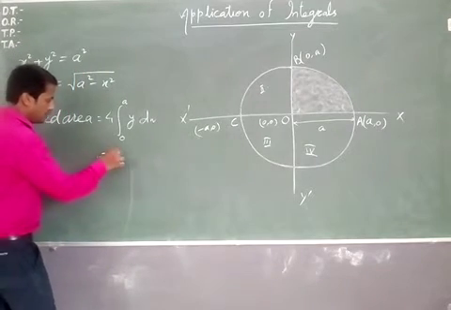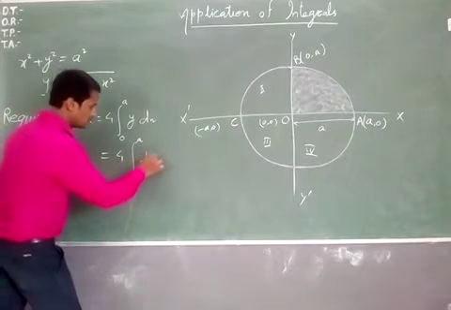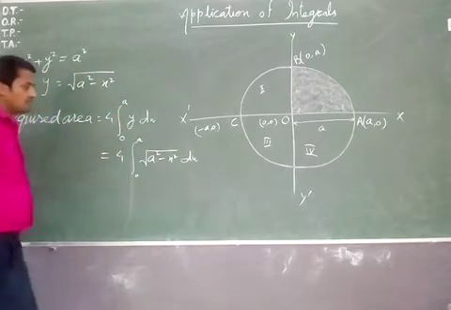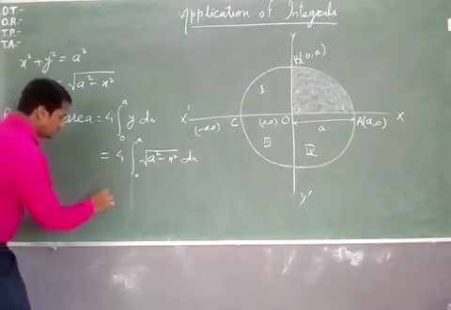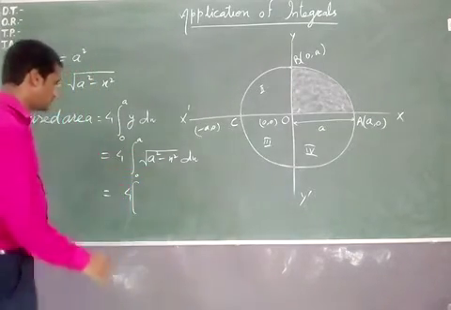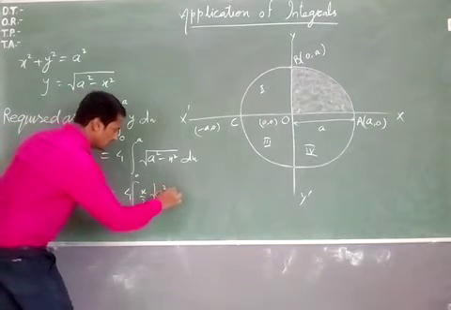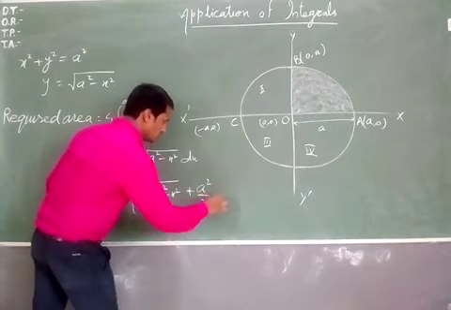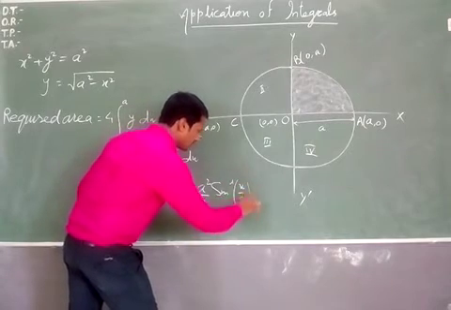The value of y we have is root a square minus x square into dx. Now, simple integration: we know the integration of root a square minus x square is x by 2 root a square minus x square plus a square by 2 sin inverse x upon a.